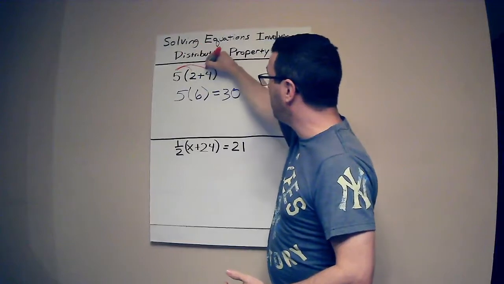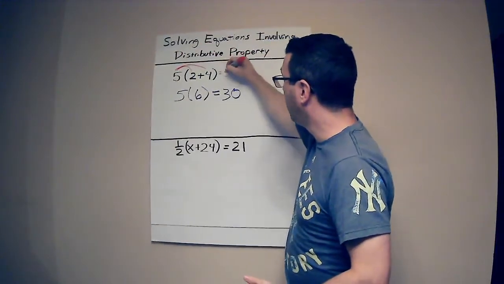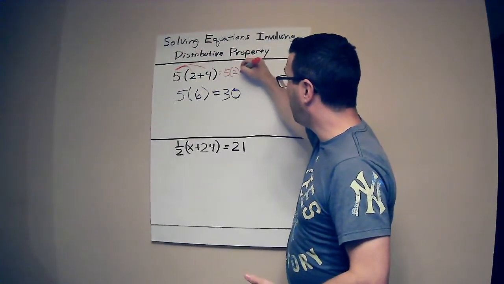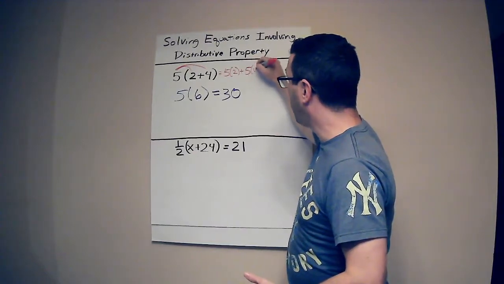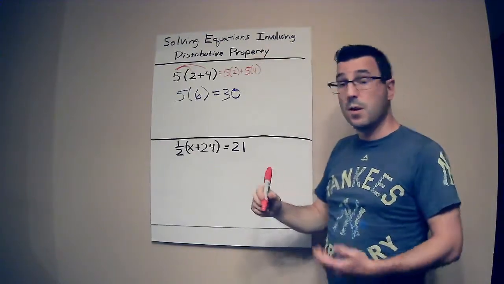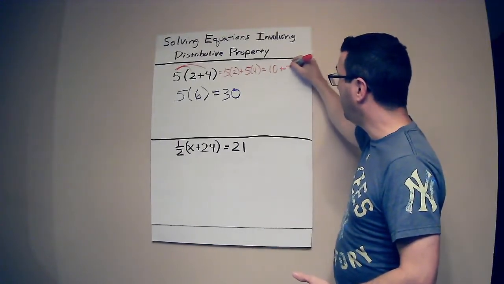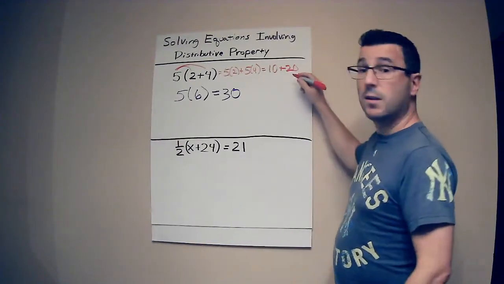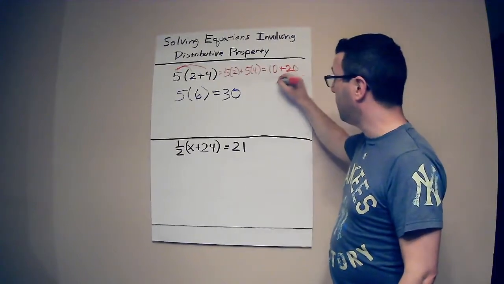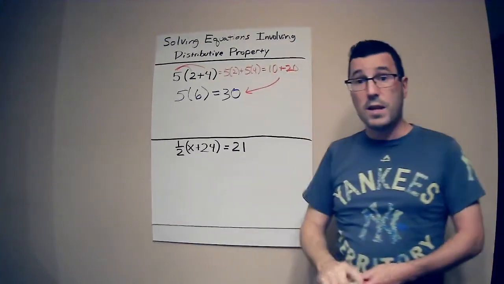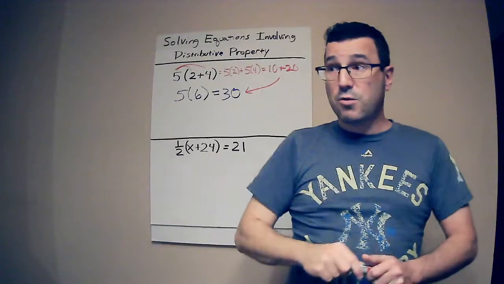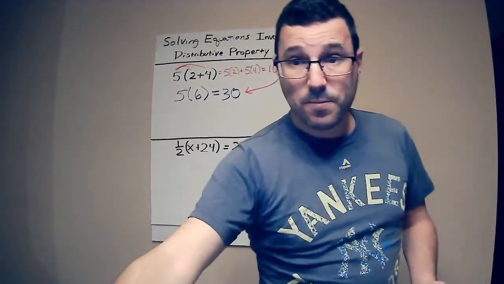So 5 times 2 plus 5 times 4. 5 times 2 is 10, 5 times 4 is 20, and when we add those two numbers together, we get 30. So that's why distributive property actually works.